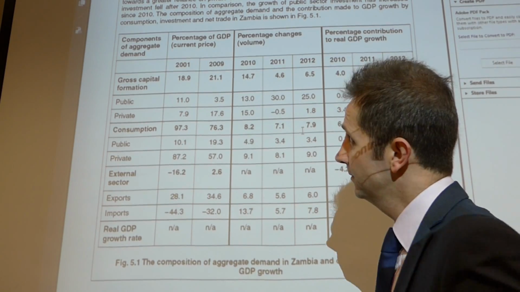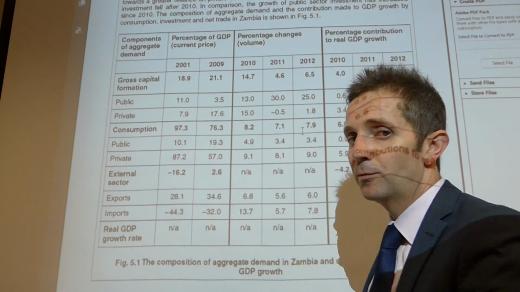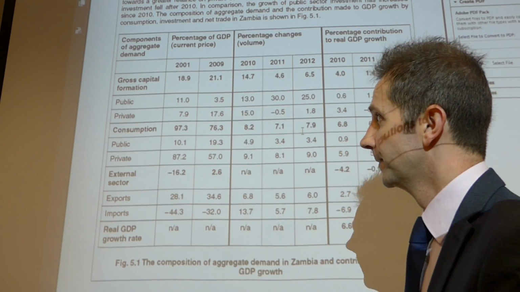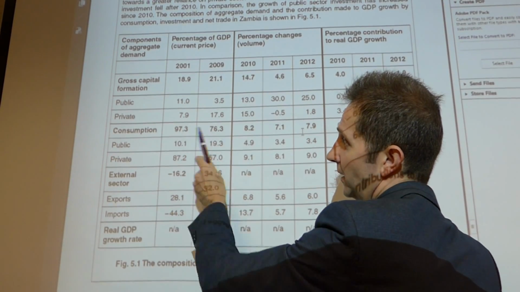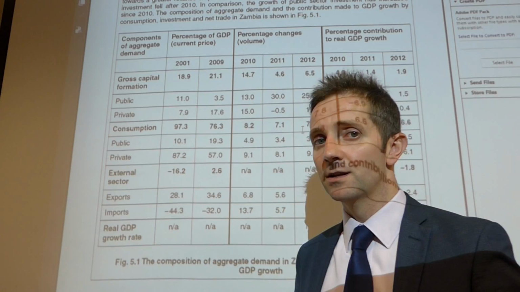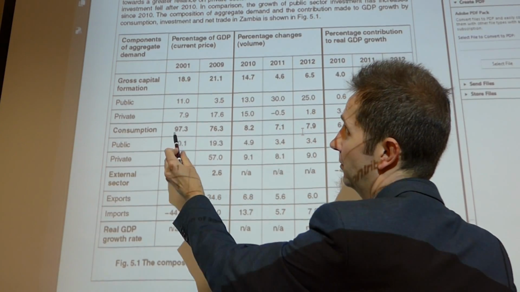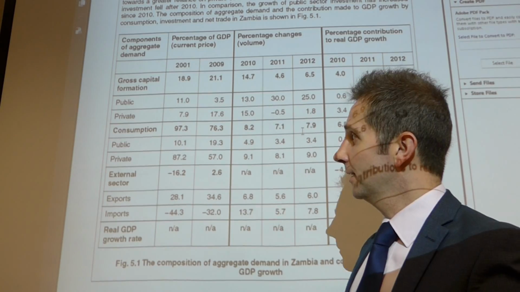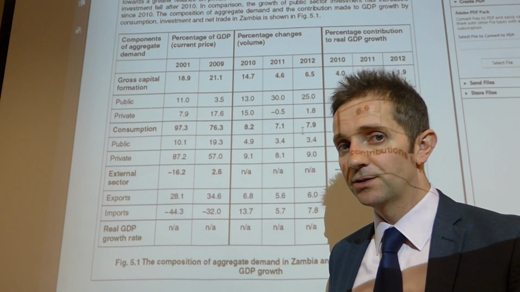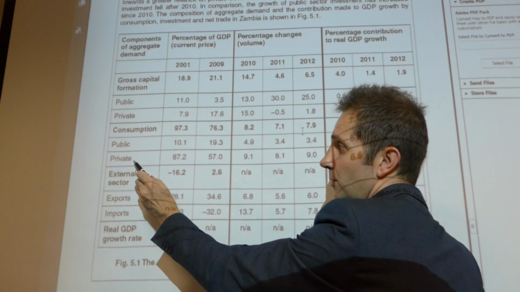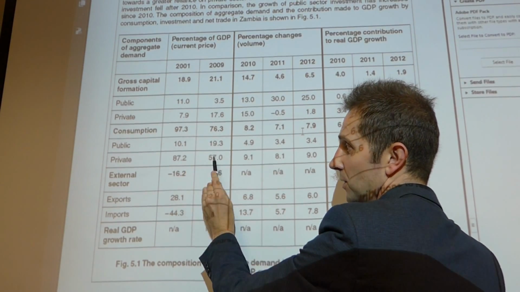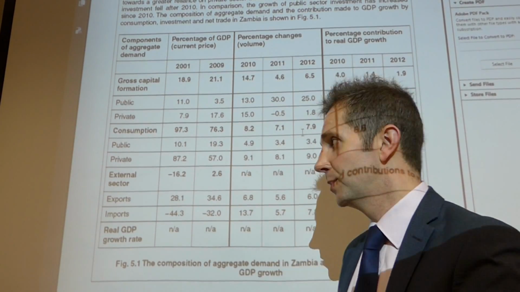We move on then a number of years to 2009, and we can see changes and progress being made here actually. So let's look at the consumption figures. Consumption falling then from 97.3% to 76.3%. So clearly strides being taken, particularly with regard to the private element of consumption, which falls from 87.2% to 57%.